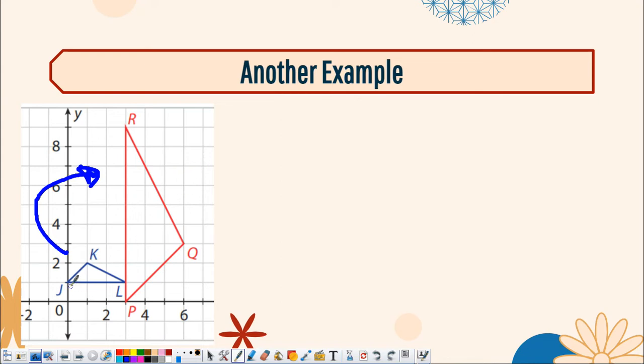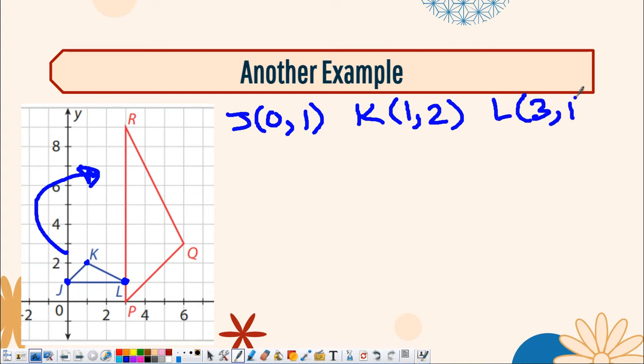What I'm going to do for you is I'm going to write down J, K, and L. Here's J. J is at 0, 1. K is at 1, 2. And then L is at 3, 1. Okay.